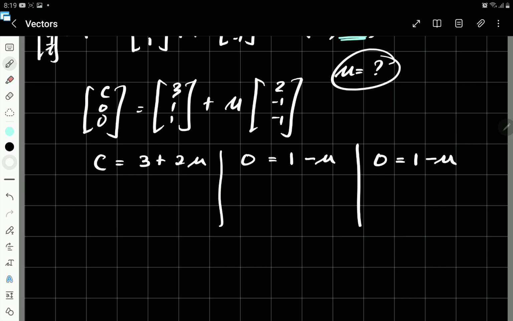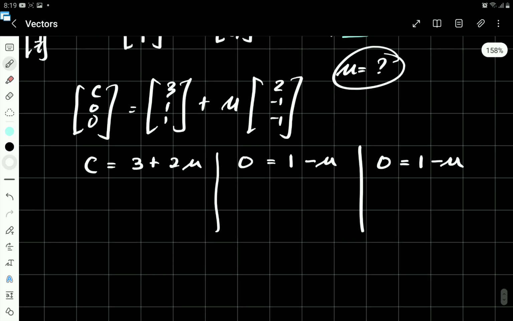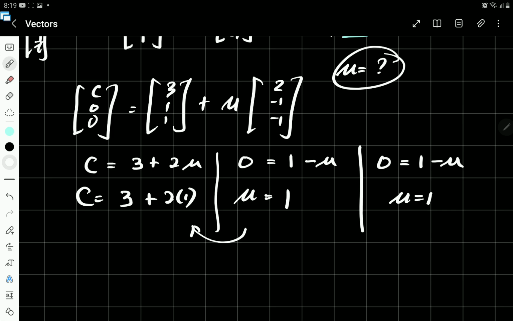So from here we can find mu to be equal to 1, and here also mu is equal to 1. So we need to plug in here to find our point. So c is equal to 3 plus 2 times 1, so c is equal to 5.